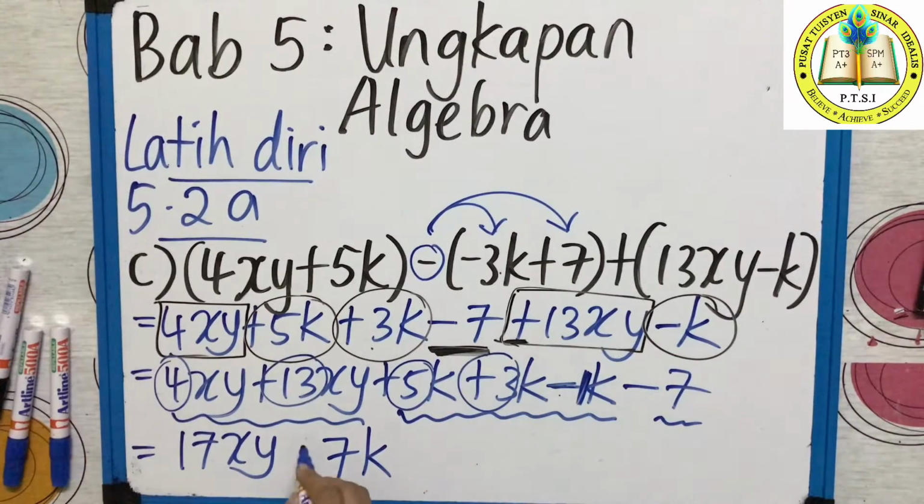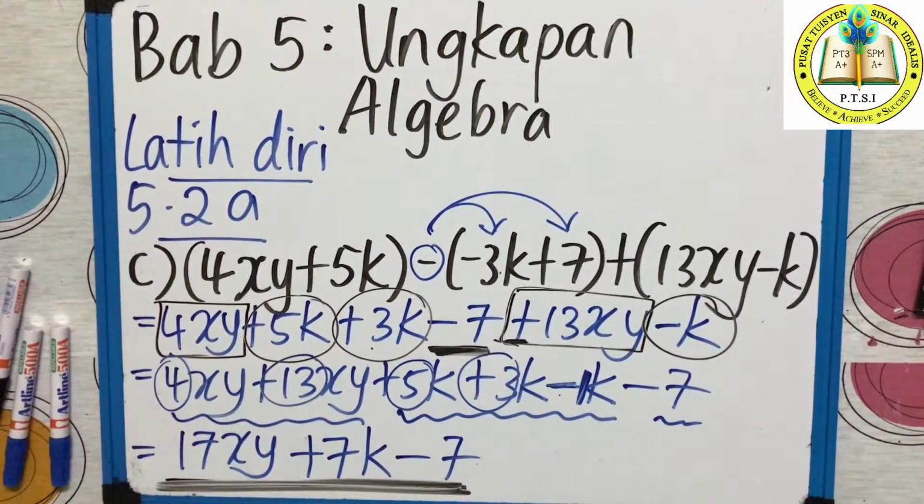So it's positive 7k. Akhir sekali negative 7, cikgu turunkan. Sebab yang tu tak ada apa-apa pasangan. So, what will be your final answer? 17xy plus 7k minus 7. Finish. This will be your final answer.